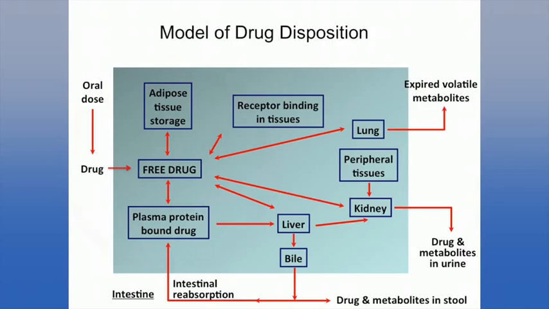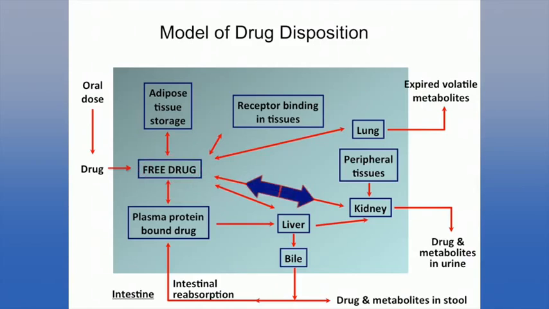But let's take inhaled medication. So inhaled medications are shown here. So drugs can actually enter into the lung from inhaled medications, but also can be exhaled or expired volatile metabolites of drugs. So we see this interplay between drugs moving from the lung to free drugs in plasma, drugs moving from the kidney to free drugs in plasma.